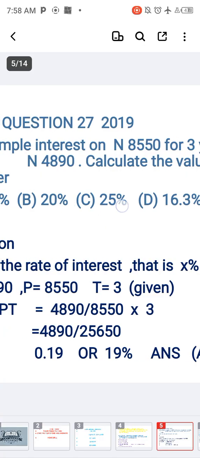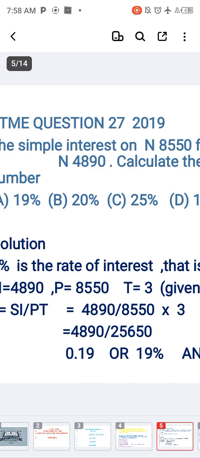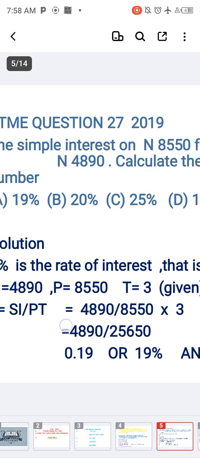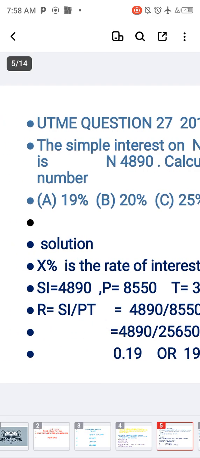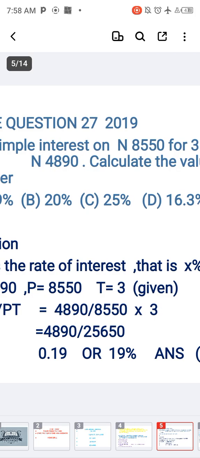So we just fix those values into the formula for finding the rate. Simple interest is 4,890, principal is 8,550, time is 3. All are what? Given. And the formula is rate is equal to interest over principal times time. The interest now is 4,890 over the principal 8,550 times 3.